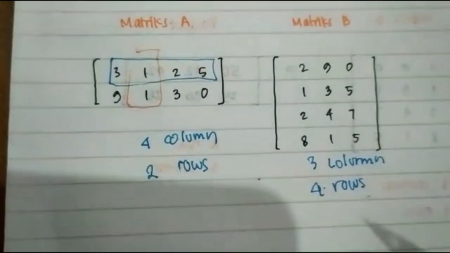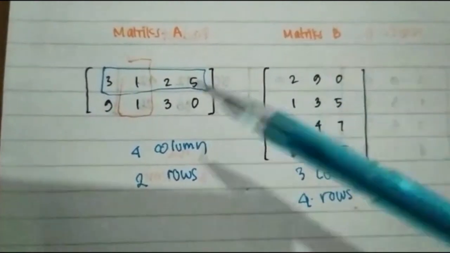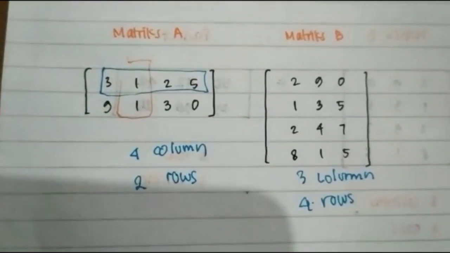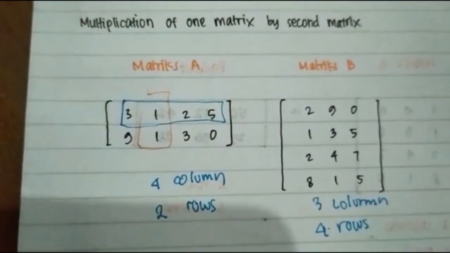In this section, the matrices can be multiplied since the number of columns in the first one, matrix A, equals the number of rows in the second matrix B.